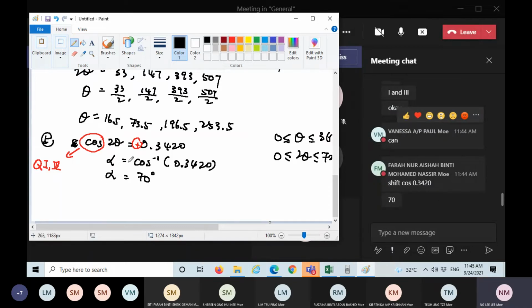Okay, then continue. So this is two data. So this is cos, so one of the angles is in the first quadrant, and the other is the fourth quadrant angle.